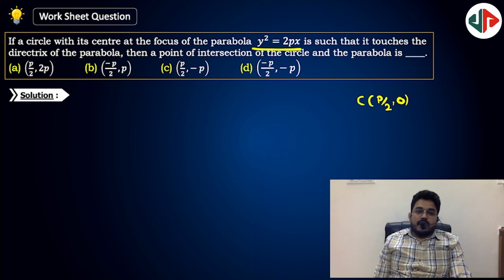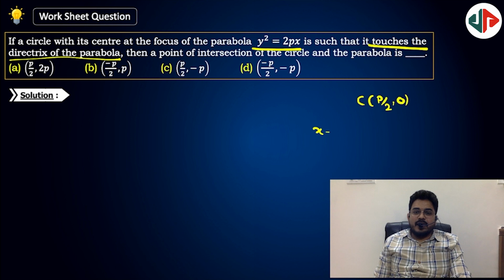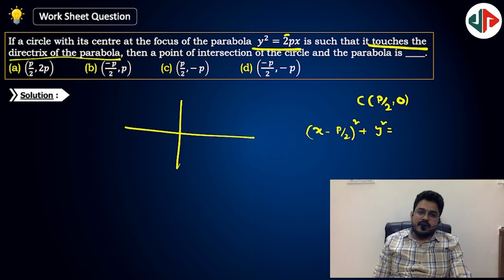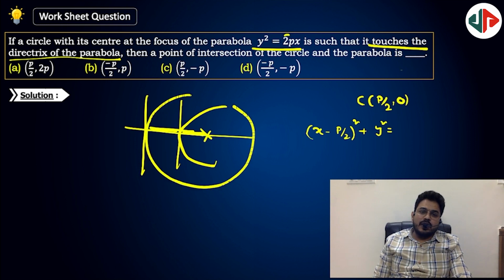So if this is the parabola, you are taking this one and touching the directrix. This is a unit, this is a unit. So the radius will be equal to 2a units.